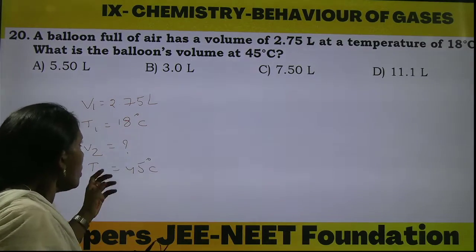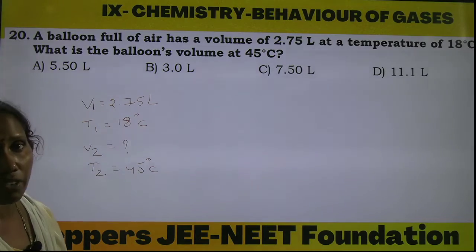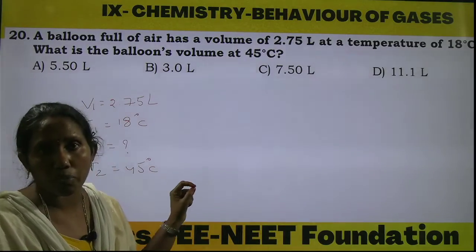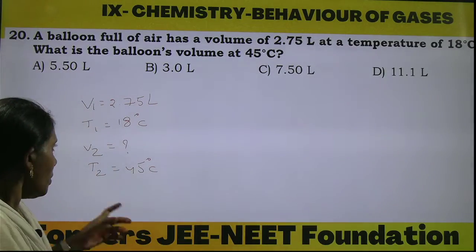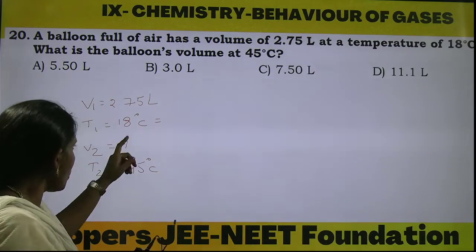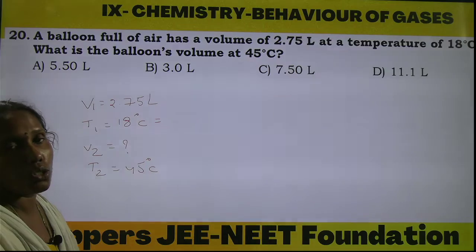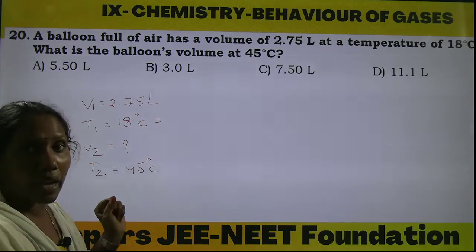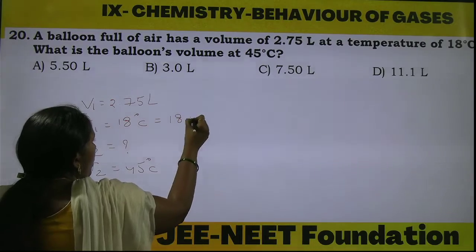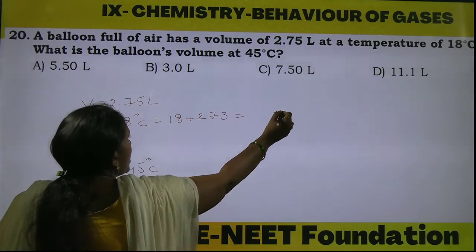So at 18 degrees Celsius, the volume of the balloon is 2.75 liters. At 45 degrees Celsius, what is the volume of the balloon is the question. First of all, we have to convert this 18 degrees Celsius into Kelvin. From degrees Celsius to Kelvin, we have to convert by adding 273. So 18 plus 273 gives you the temperature.